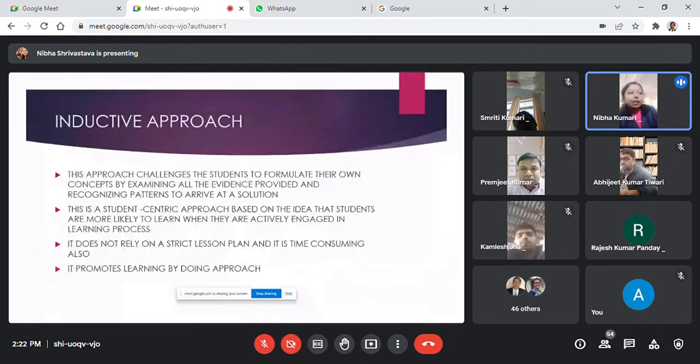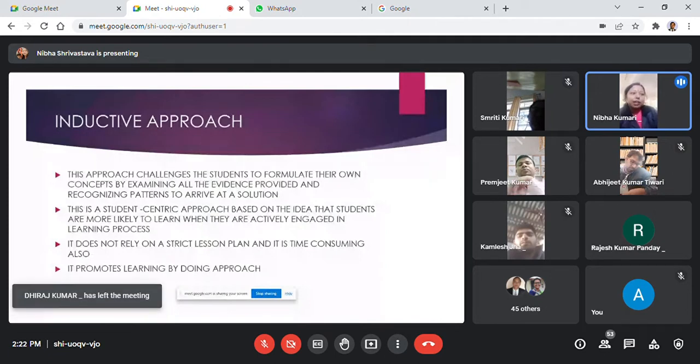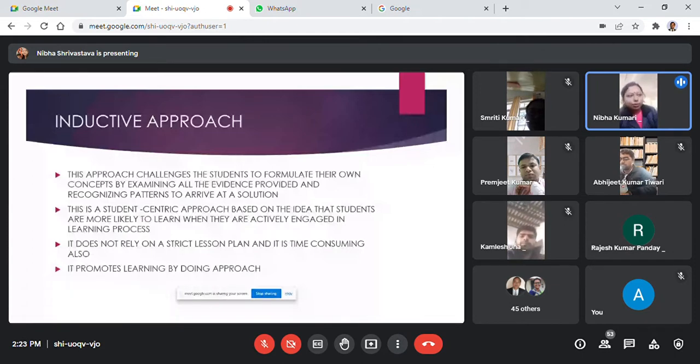This approach challenges the students to formulate their own concepts by examining all the evidence provided and recognizing patterns to arrive at a solution. As we have seen, this is a student-centric approach based on the idea that students are more likely to learn when they are actively engaged in the learning process.